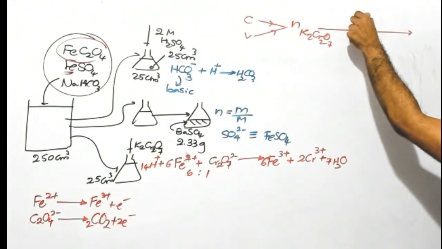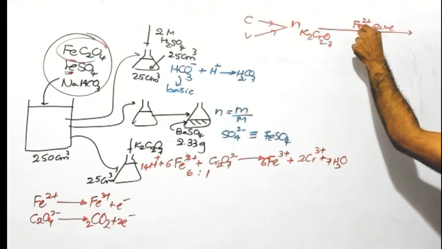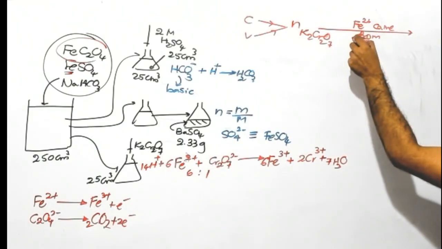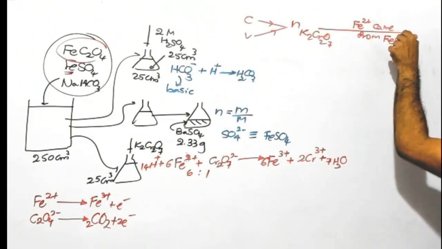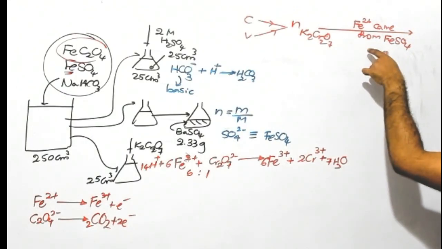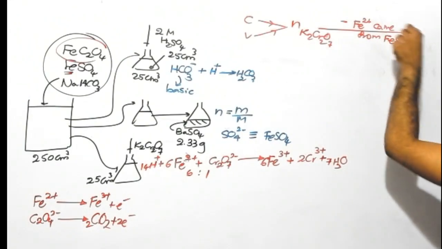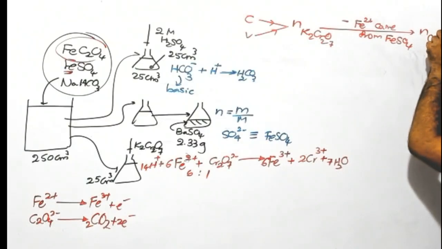Fe2+ came from FeSO4, because you know the FeSO4 moles, then subtract that. Then you will have the moles of K2Cr2O7.